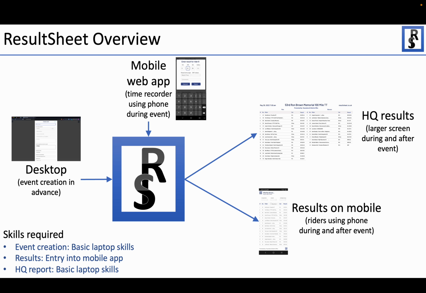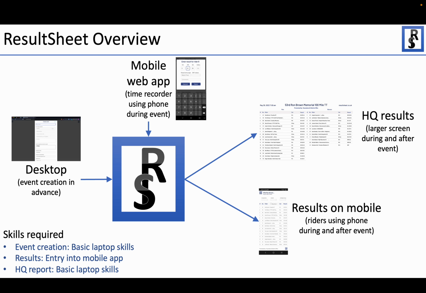And then on the right hand side, where you've got HQ results, that is typically the report which is being projected at HQ, maybe onto a wall or a larger screen, so that you can have a real-time feed of results as they come in. And then the results on mobile is people being able to access those on their phone.